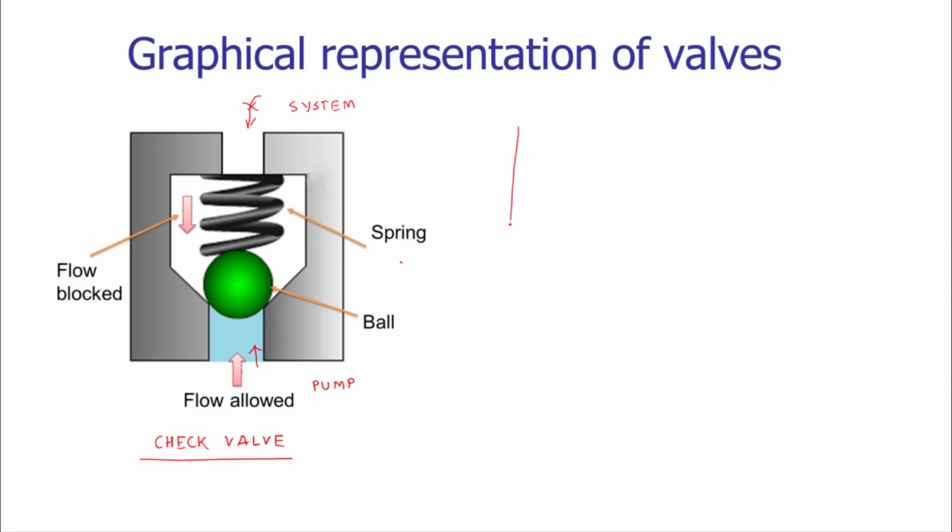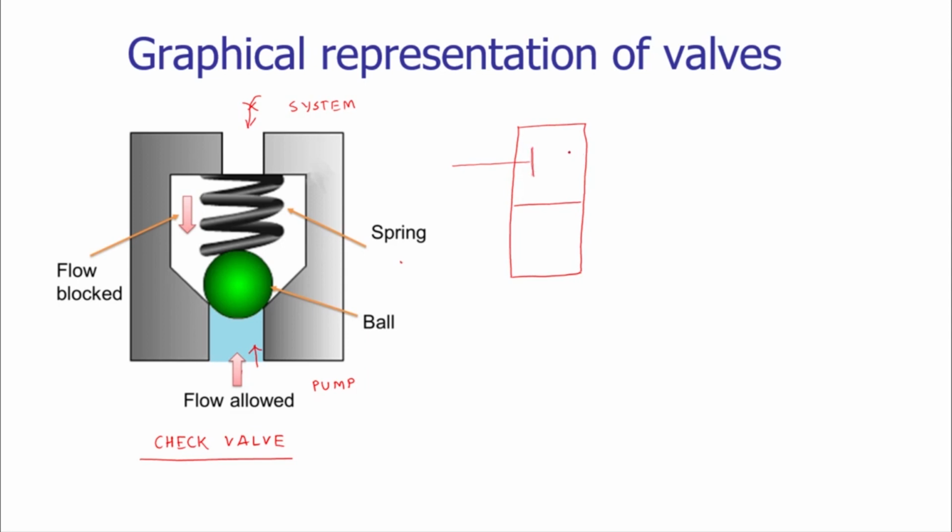So to show the operation of this valve, let us draw two squares. At normal position, the flow is blocked. Let us consider the flow is there inside the valve, but it is blocked.